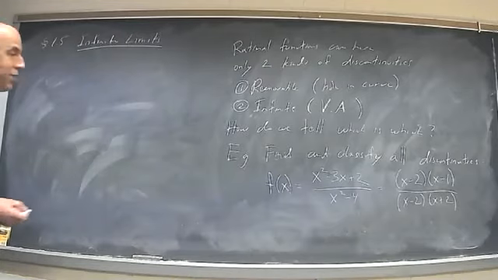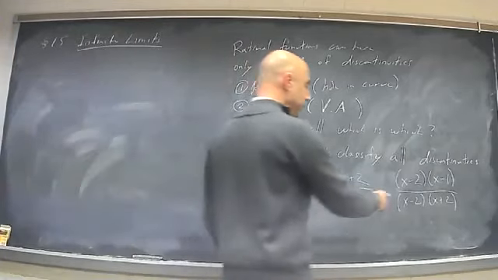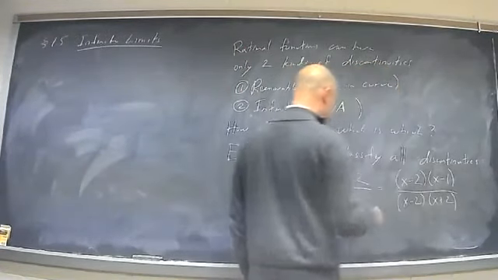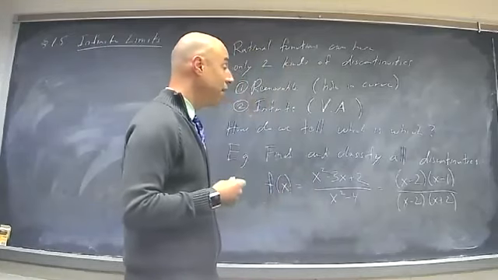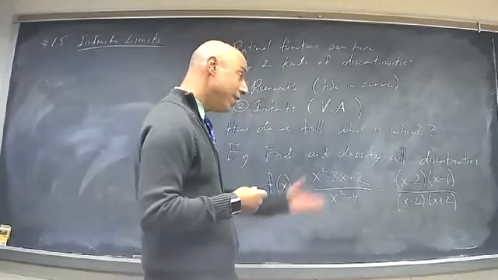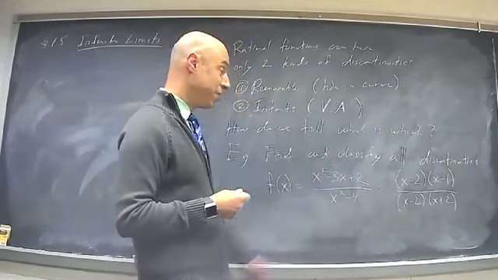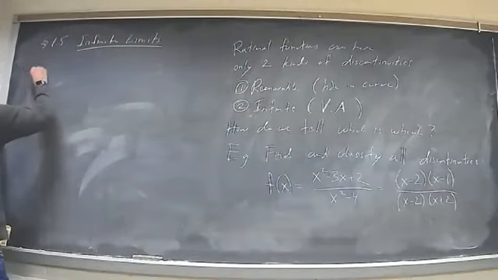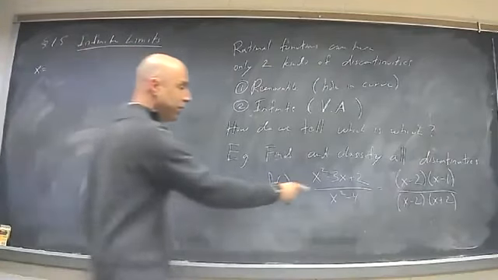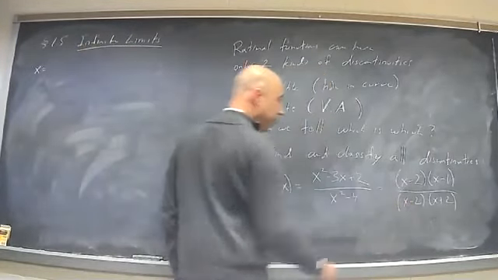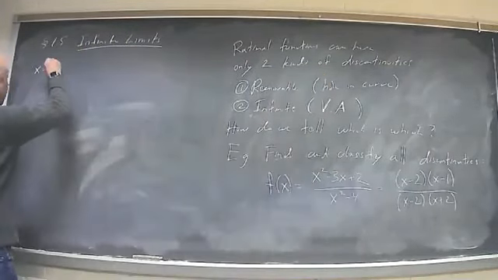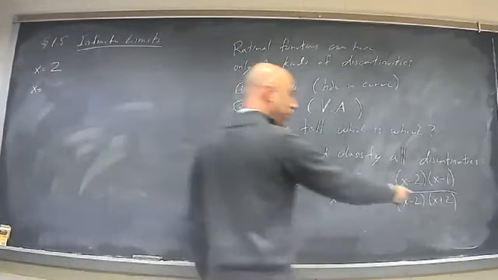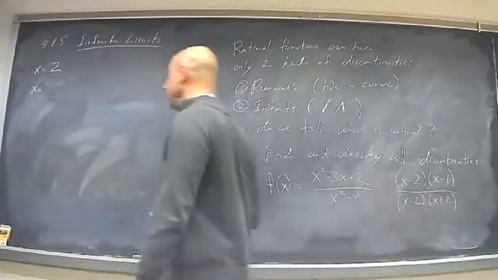So right away, we can see where the discontinuities are. We know that a rational function is continuous everywhere that it's defined. This function is defined everywhere except where the denominator equals 0. So our discontinuities are at x equals, from here, 2 and x equals, from here, minus 2.